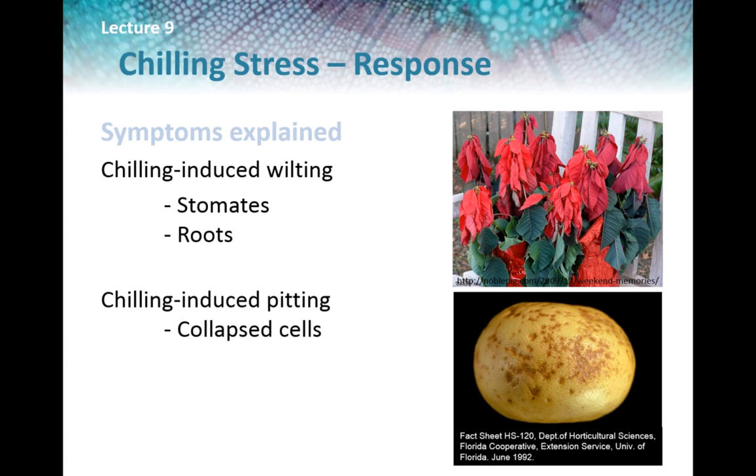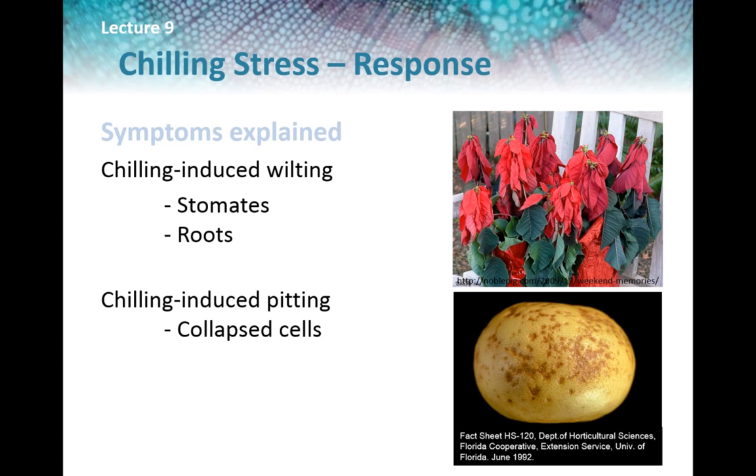Decreased permeability can also reflect changes in aquaporin activity. Evidence suggests that resistant species have greater aquaporin activity, although other factors are likely to also be involved in membrane dysfunction in susceptible species. Taken together, plants cannot take up sufficient water when its loss is uncontrolled, leading to loss of turgor.